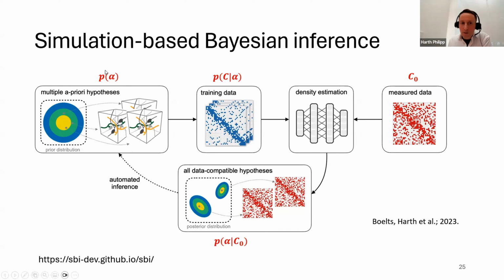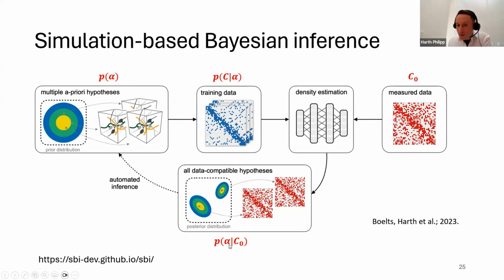To do this, we sample from a prior distribution of alpha parameters. We use our forward model, explained in the previous slide, to generate a batch of rule-generated connectomes. And we then use a neural density estimator, which is essentially a neural network that learns, in our case, a Gaussian mixture density distribution, to predict the posterior distribution of our parameters.